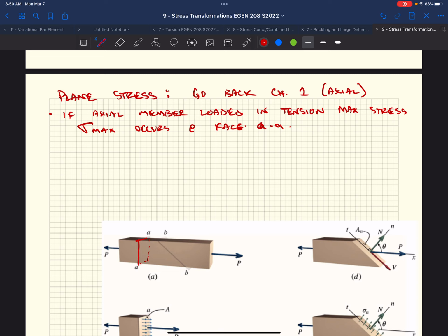And on Wednesday, we'll go through what that means as we start adding in additional loads, different load sources, and how that changes as we start rotating that element.